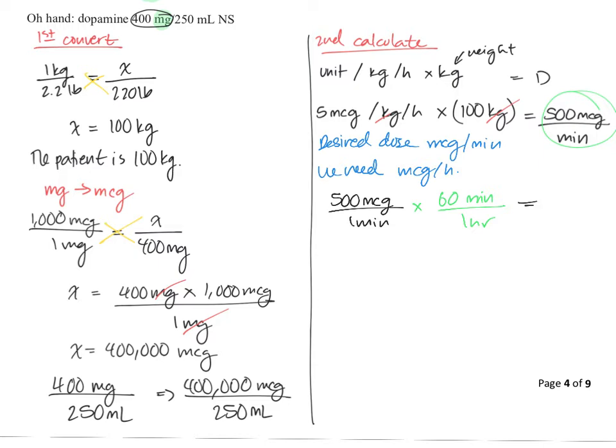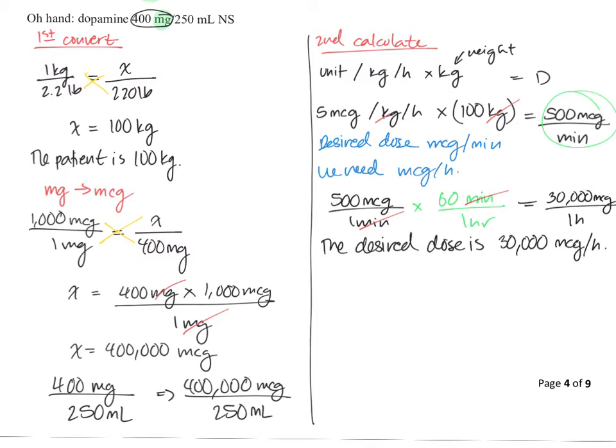The minutes cancel out, and we're left with 60 times 500, 30,000 micrograms per hour. So the desired dose is 30,000 micrograms per hour.